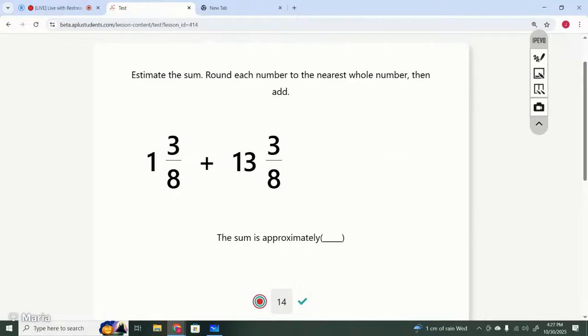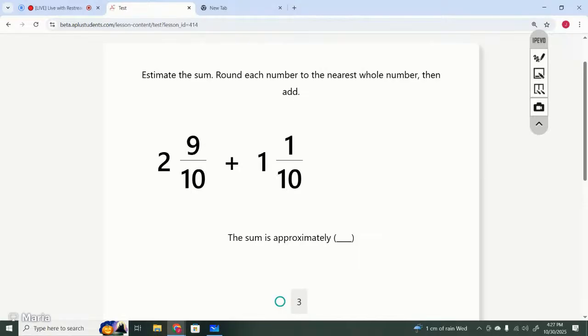That is 14. 2 whole 9 by 10 plus 1 whole 1 by 2.